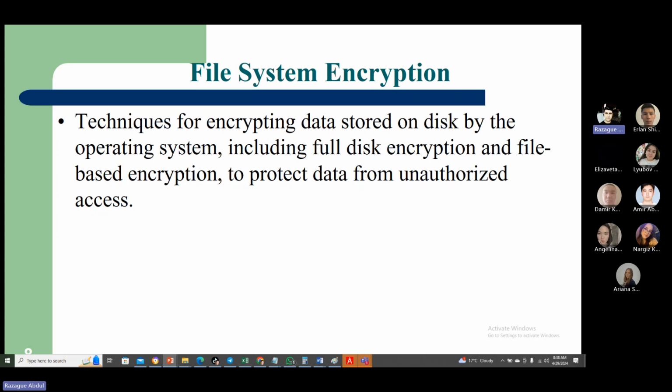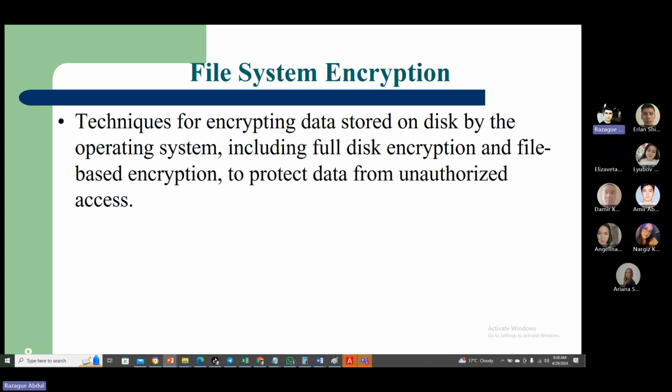And also it has benefits of technologies. A popular implementation of file-based encryption includes Microsoft's Encrypting File System on Windows and various third-party encryption software that integrates with the file systems.